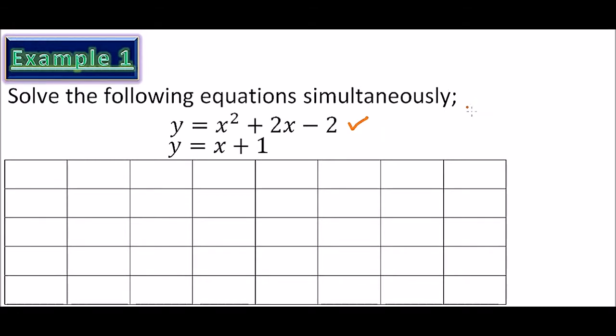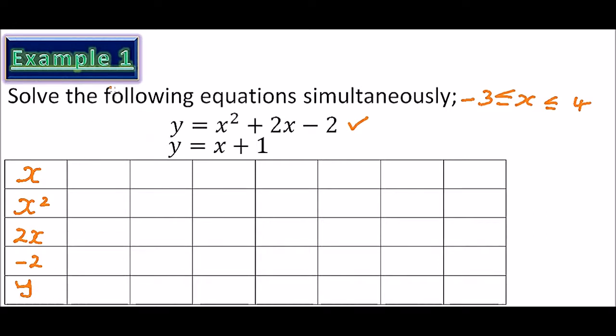So we'll plot our graph within the range of -3 less than or equals to x less than or equals to 4. So we start by filling our table. So here we have our x, we have our x squared, then we have 2x, we have -2, and finally we have our y.